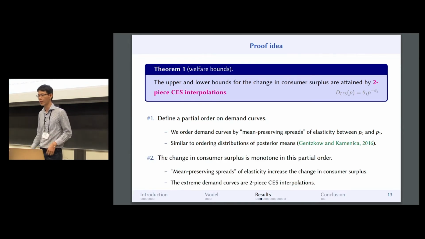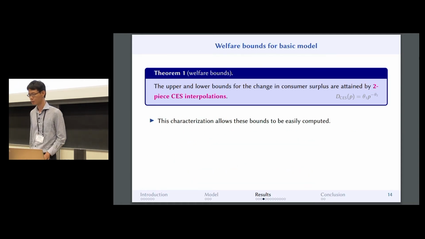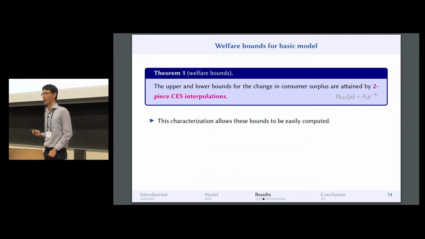And finally, the change in consumer surplus is going to be monotone in this partial order, and that's what we use to get this result that the upper and lower bounds are attained by two-piece CES demand curves. Right, so a few remarks about this result. This result allows these bounds to be easily computed.